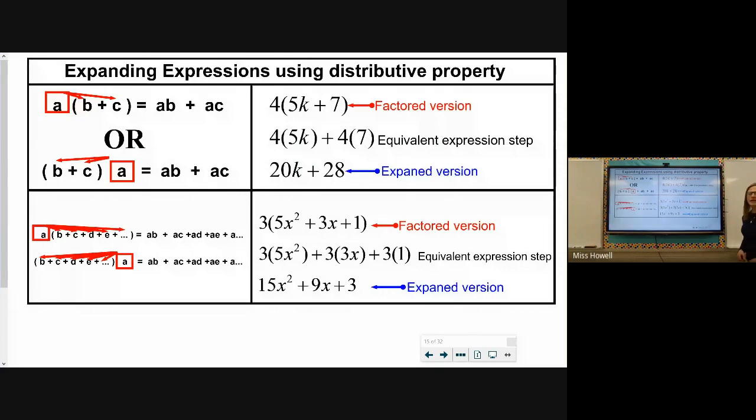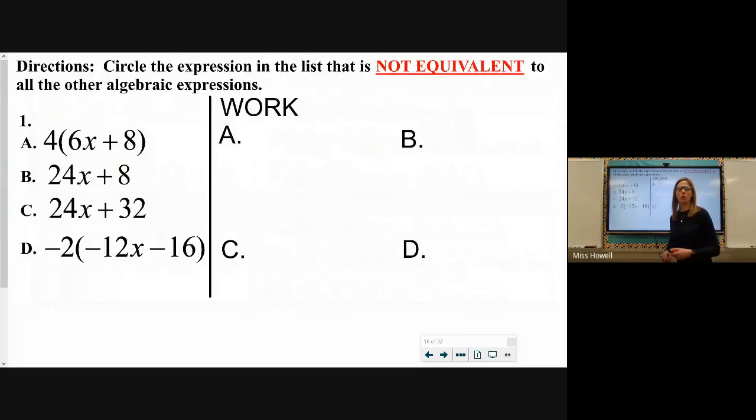Now, when we want to identify if things match or are equivalent to each other, we always want to think about them in their most basic simplified versions. So we want to take these 4, A, B, C, and D, and write them in their most basic simplified version. For some of these, that's going to require us to expand using our distributive property.